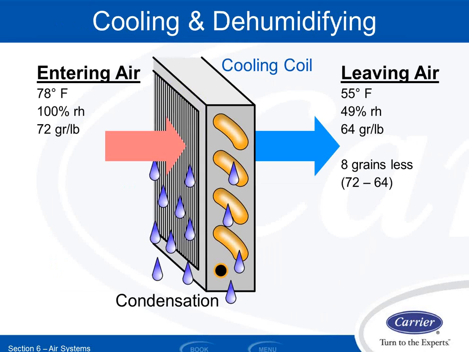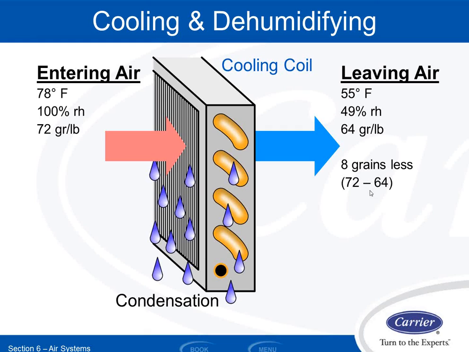My cooling coil is going to take some of this entering air. In this case, I have 78 degree air with 72 grains of moisture coming into my coil, and I'm leaving at 55 degrees and 64 grains of moisture, which corresponds to a 49% relative humidity.